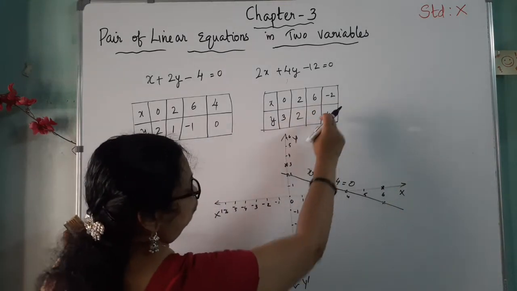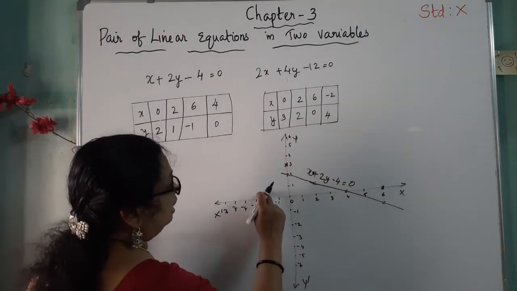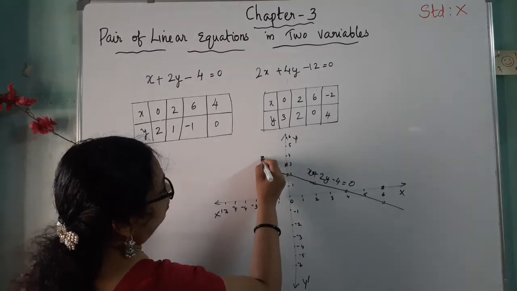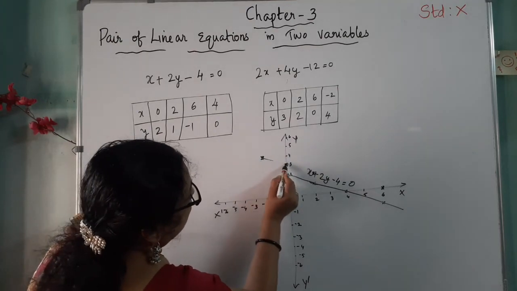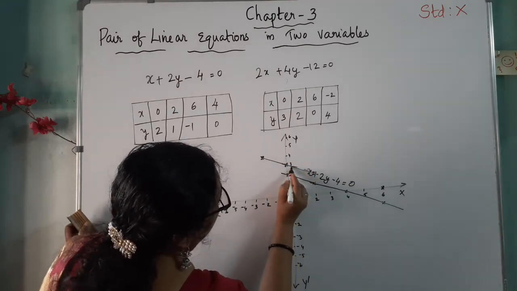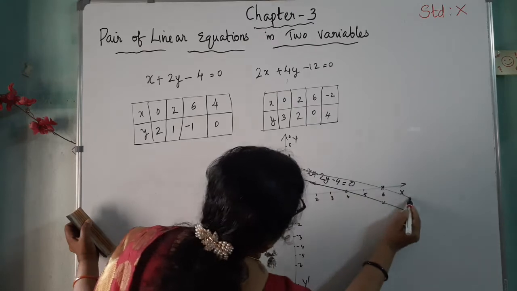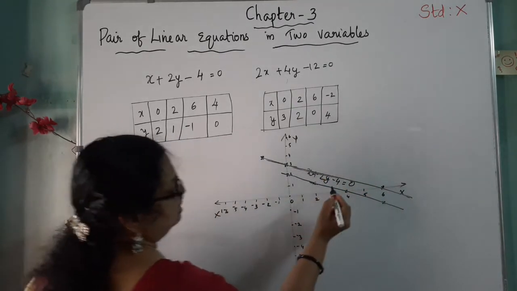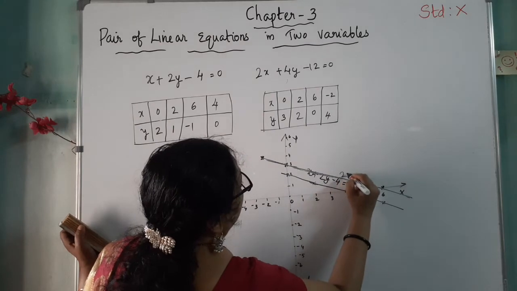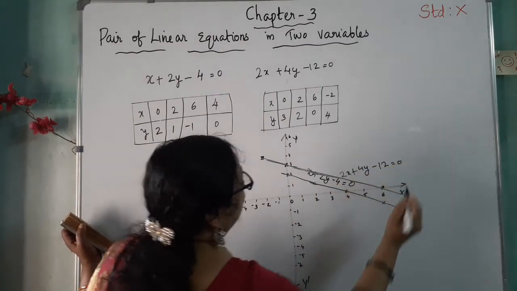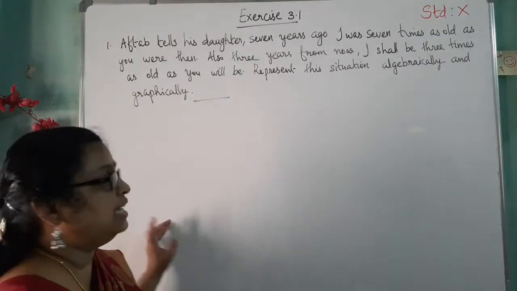Then (minus 2, 4), that is minus 2 here, 4 is here. So connecting these points, and using a scale you draw the straight line, and this line is 2x plus 4y minus 12 equal to 0. Then let us do the exercise questions.